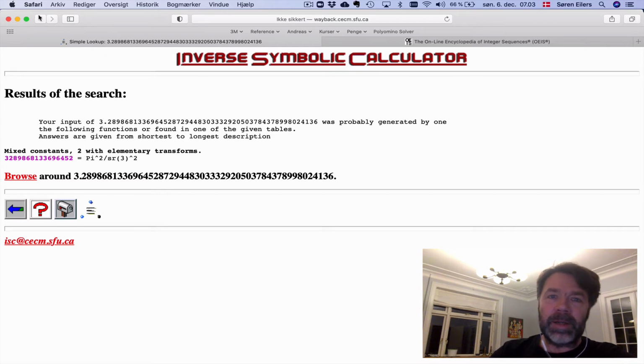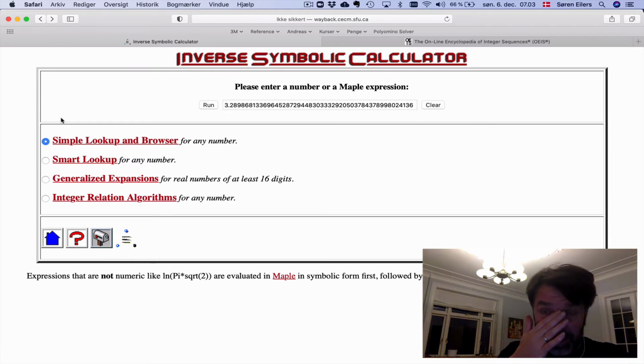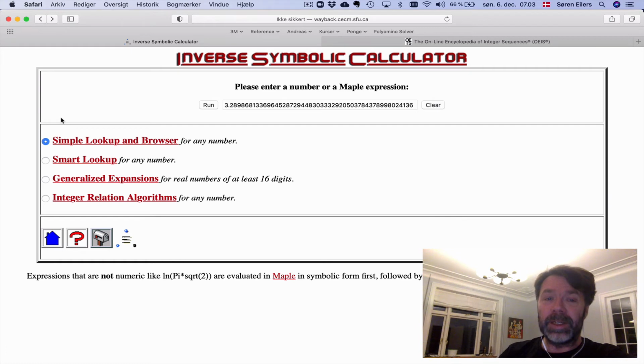This inverse symbolic calculator is very old, and I'm using it because the better one that we mentioned in the book is down. This has happened a lot with the inverse symbolic calculators. This, of course, is a very good idea, but there was never one place where people would put their effort into, as opposed to the online encyclopedia of integer sequences, which is universally accepted as the place to go with your integer sequences.